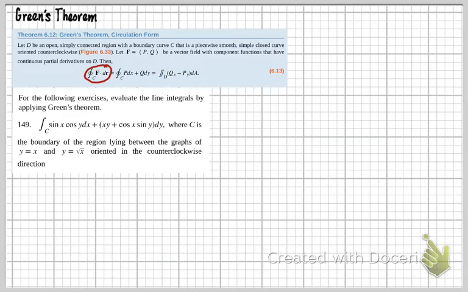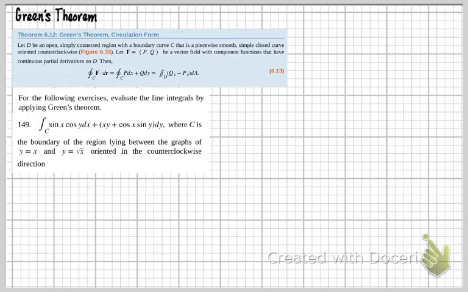So that is truly the power of this. Now this little circle you see there on the integral symbol means a closed, simple closed curve, oriented counterclockwise. So when I see that, I'm looking for that counterclockwise direction of that simple closed curve.